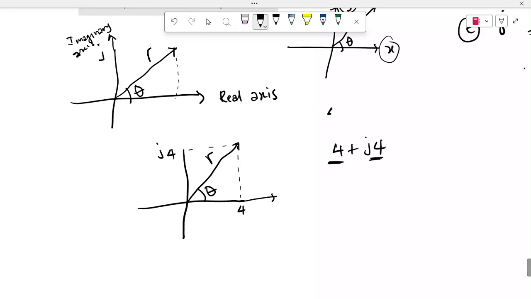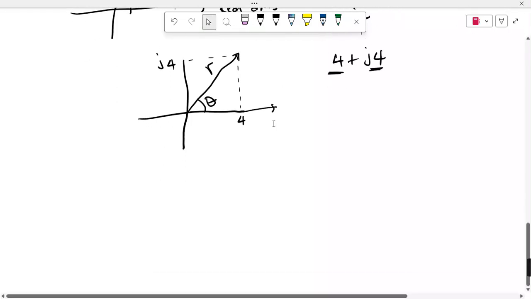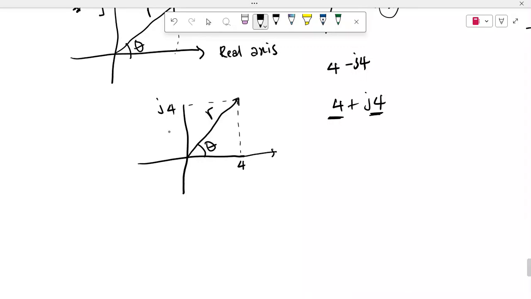So if we have 4 minus j4, for this one, the real part is 4, but the imaginary part is -4.